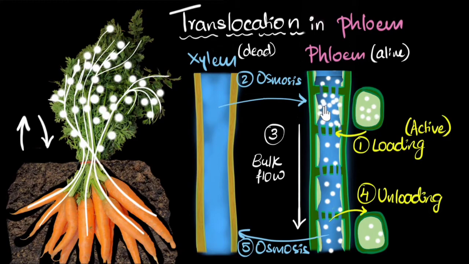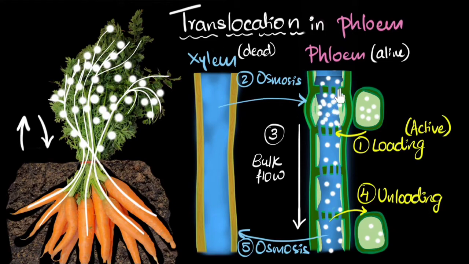And in doing so, because the concentration over here has increased, water starts flowing from xylem into the phloem to try and decrease that concentration due to osmosis. And because of that, a lot of water comes in, and the cell now puffs up. I like to imagine it that way, because now you can see that there's a lot of pressure over there.